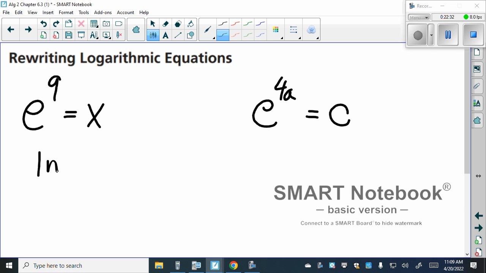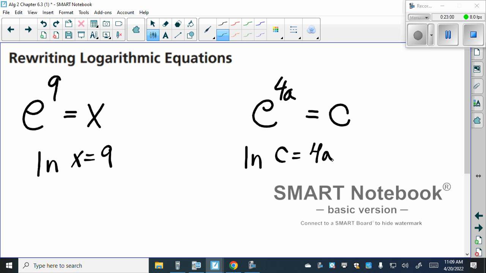It's always e with natural logs, so we don't have to write the e. So ln of x equals 9. We don't have to write the e in. So e to the 4a equals c would be ln of c is equal to 4a.